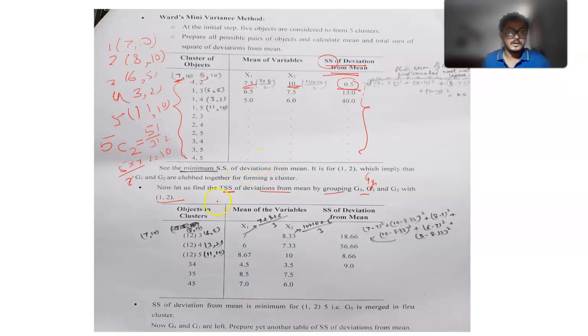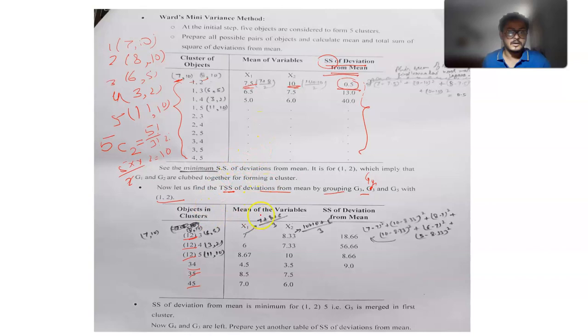So in the next part, 1, 2 is in a cluster form. 1, 2 is with 3, 1, 2 is with 4, 1, 2 is with 5. So all the clusters are made. Next will be 3, 4; 3, 5; 4, 5.